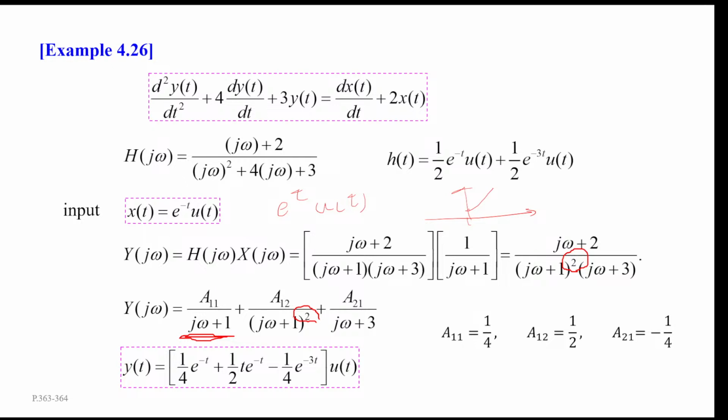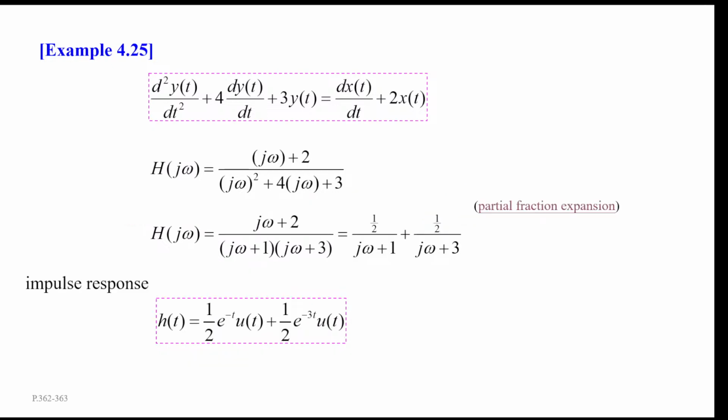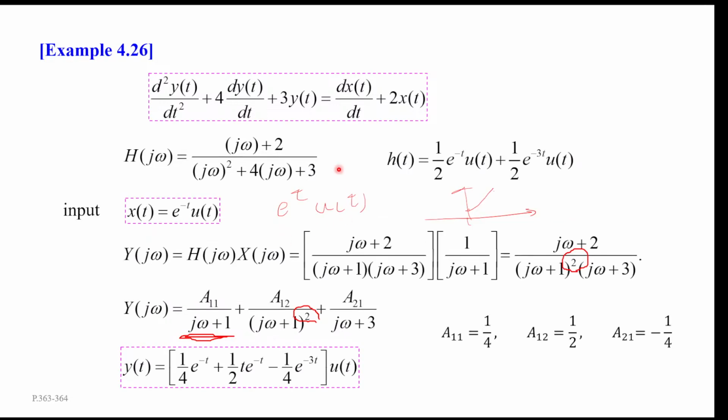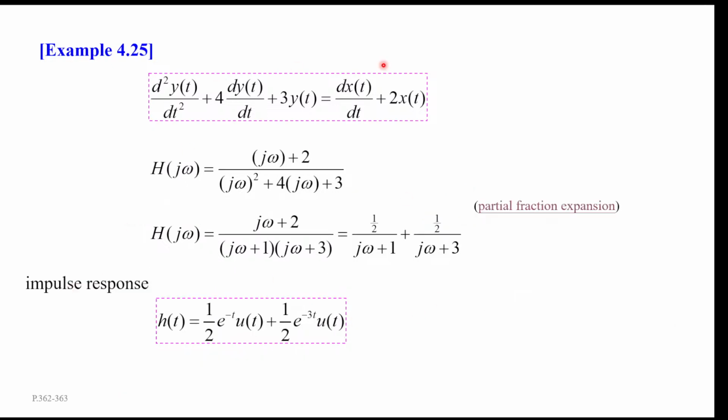This signal is not absolutely integrable, so it doesn't have a Fourier transform. And then this thing breaks down, because you don't have a big X that makes sense for this x of t.